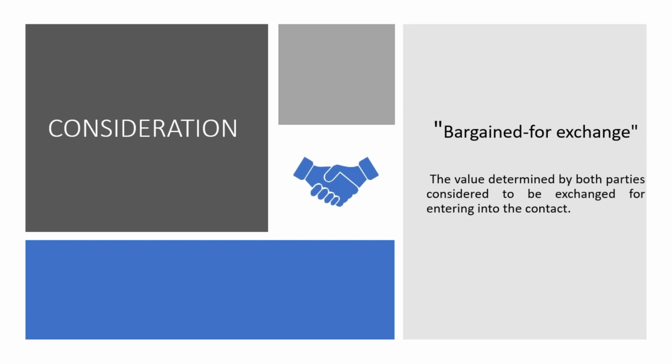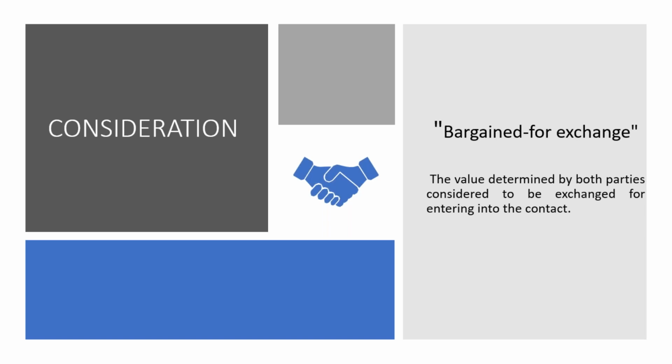So let's look at some of the elements of the contract. One of these would be consideration. Consideration is really what is considered to be bargained for exchange, the value determined by both parties to be exchanged in the contract.